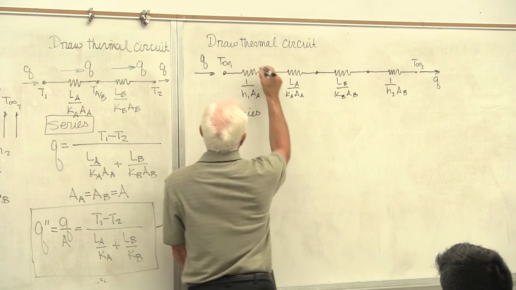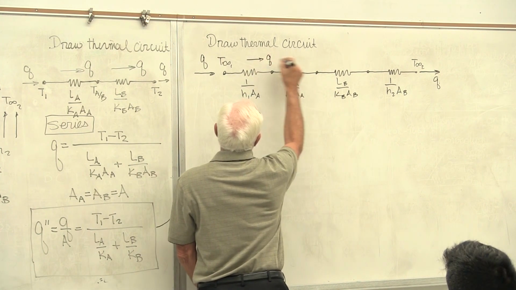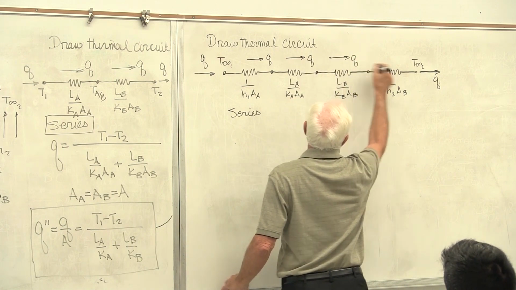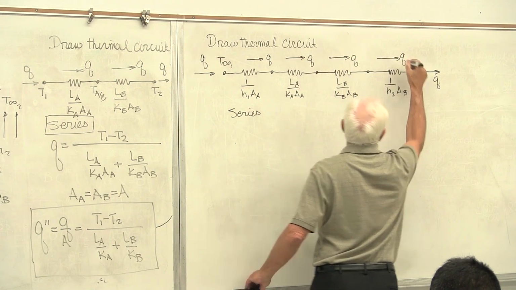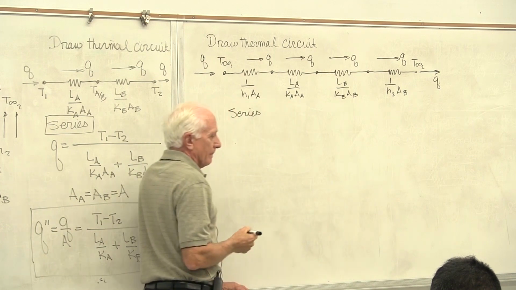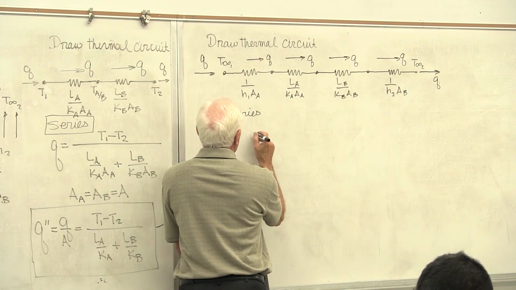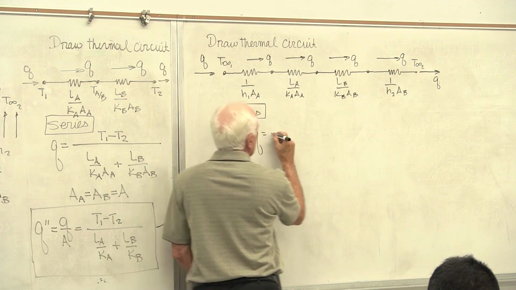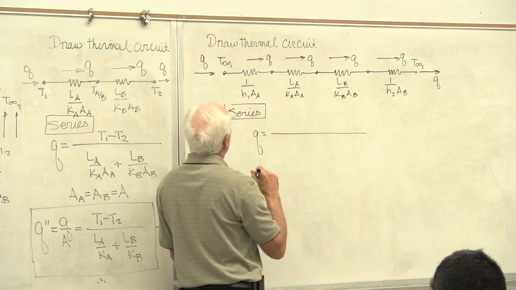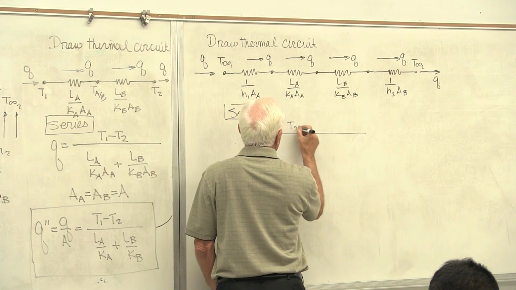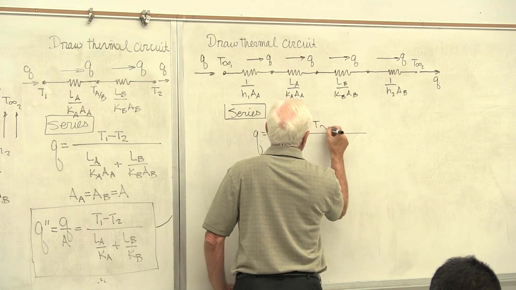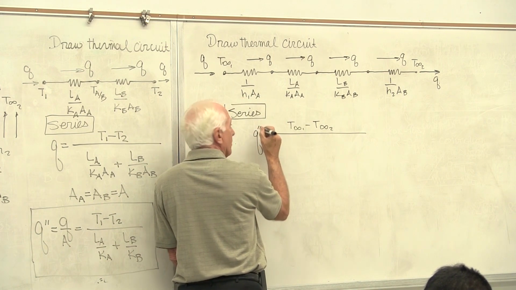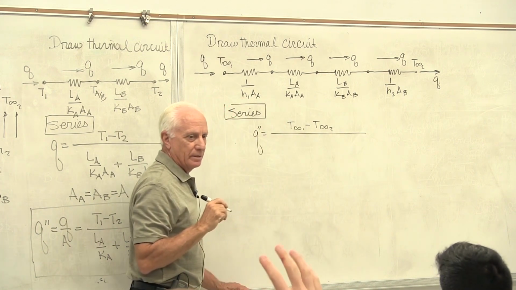In series, the same Q flows through all resistors. So Q equals driving potential, hot minus cold, T infinity 1 minus T infinity 2. I'm going to do it on a double prime area because I don't know the area. It wasn't given to me.